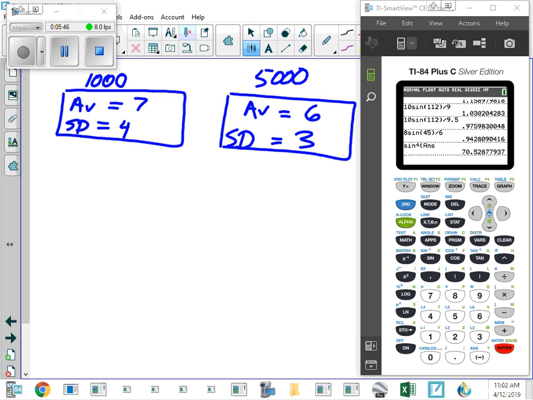Okay? Well, what happens when I draw from my box? Let's say that I draw 400 tickets out of my box. What is my expected value for average? If I draw 400 tickets out of my box, what is my average supposed to be?